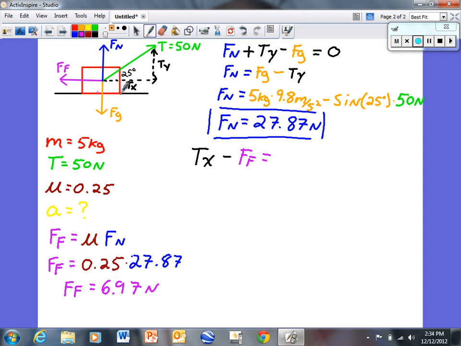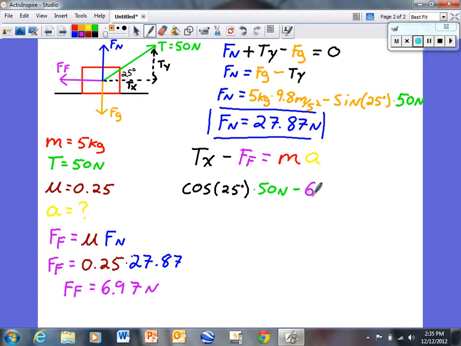We're out of forces that go along the x-axis, so that's going to equal m times a, because that's Newton's second law. All the forces added up equal ma. From here, tension in the x direction, that's the adjacent side of this triangle. So I'm going to use cosine of the angle, which is 25 degrees, times the hypotenuse of the triangle, which is 50 newtons, minus our force of friction, which we just solved for down here using the coefficient and the normal force.